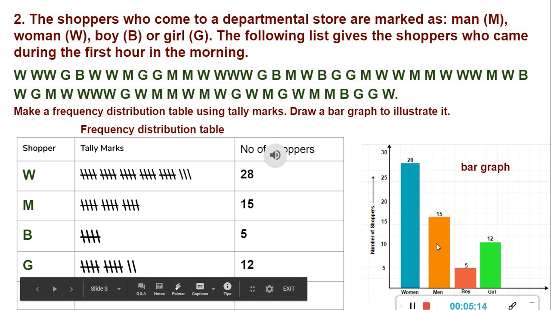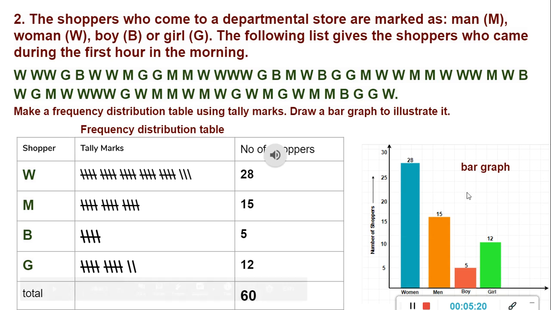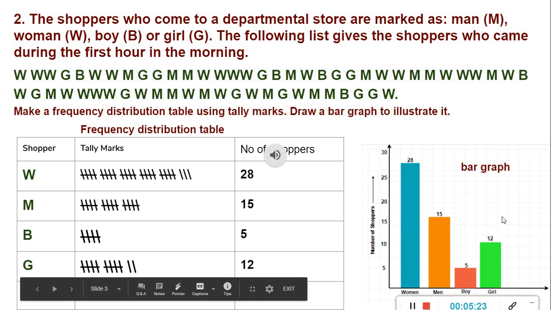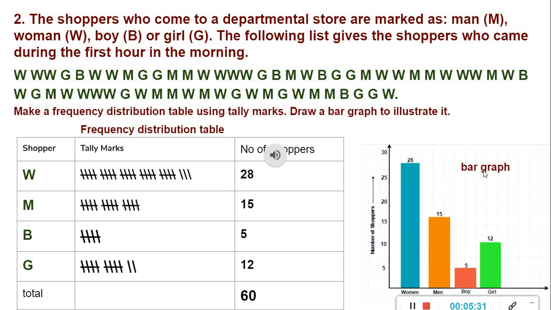And next yellow, that is man, and red boy, and green girl. Okay. So here in bar graph, down you can show the name of the shoppers, and side you can show the number of shoppers. Okay. So do the same way.